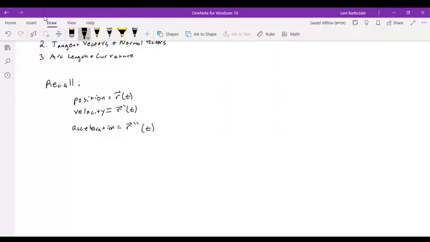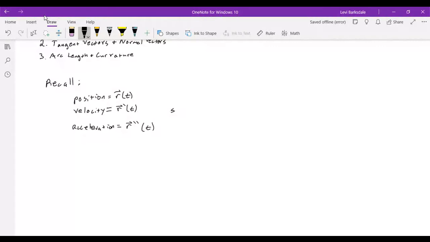And of course, we can say that speed is the magnitude of velocity, so that would be the magnitude of the first derivative.